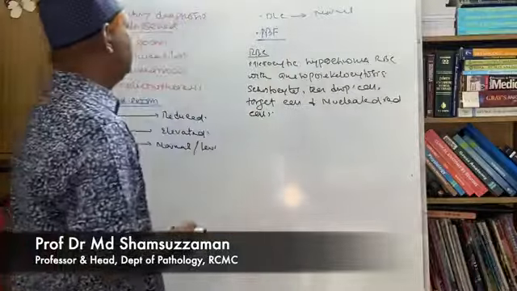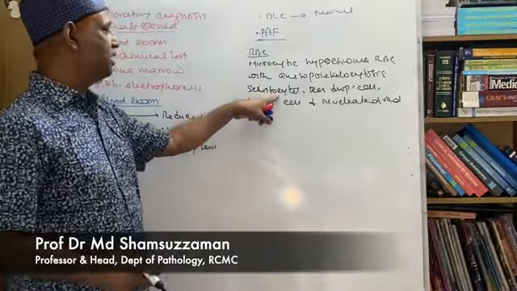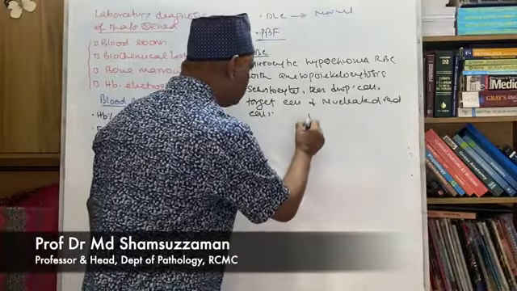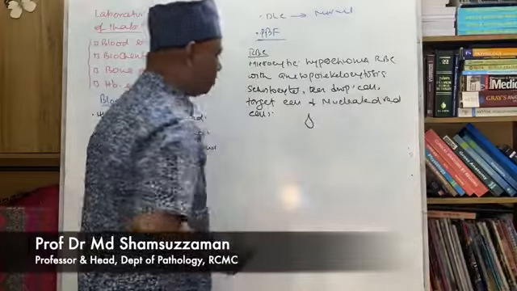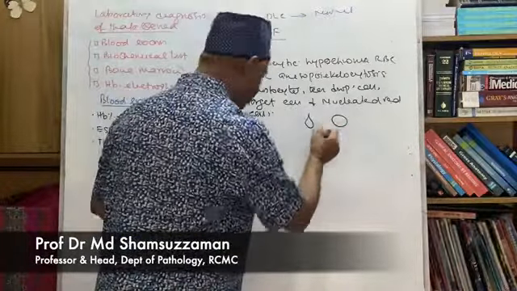Dear audience, schistocytes are the fragmented RBCs found in hemolytic anemia. Teardrop cells look like a drop of tear. You can get target cells.